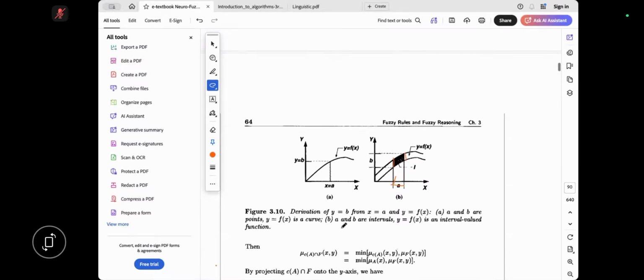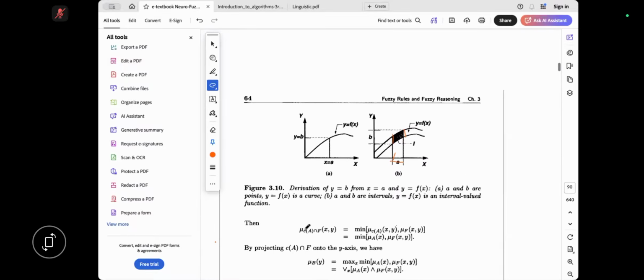This is the understanding. That means this is mu c. Mu c is what? Cylindrical extension over the whole f of x, y, which means a implies b.